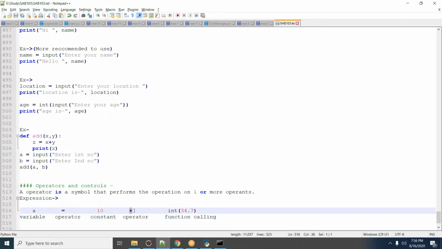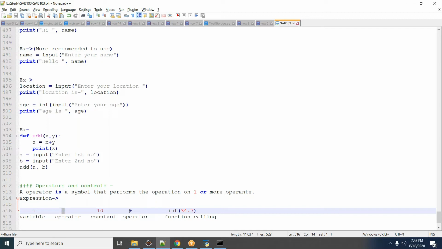So here this is the operator, a symbol that performs the operation. What operation is this doing? Addition. And this one is doing the operation of what? Equal to, or we can say assignment operator. This is not an addition operator, which is part of the arithmetic operators.